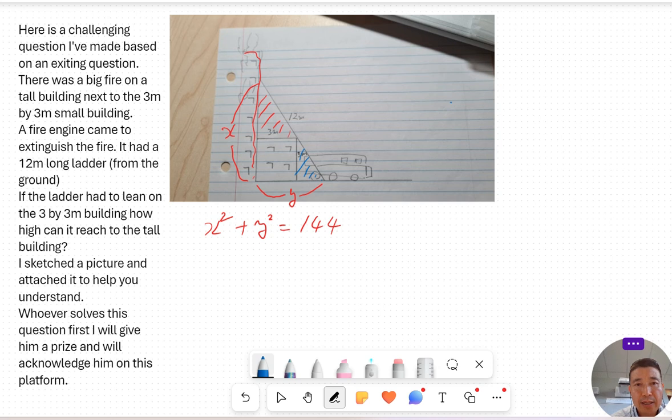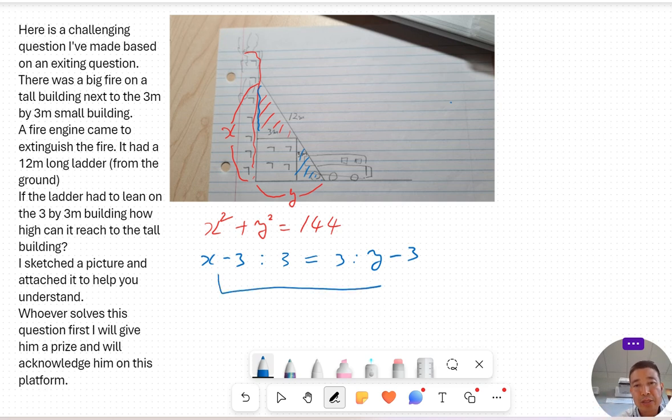So hence, I can say, I'm trying to find the relationship between x and y. x minus 3, so the height of this red to the height of this small blue one, which is 3, equals the base 3 to y minus 3, isn't it? Right?